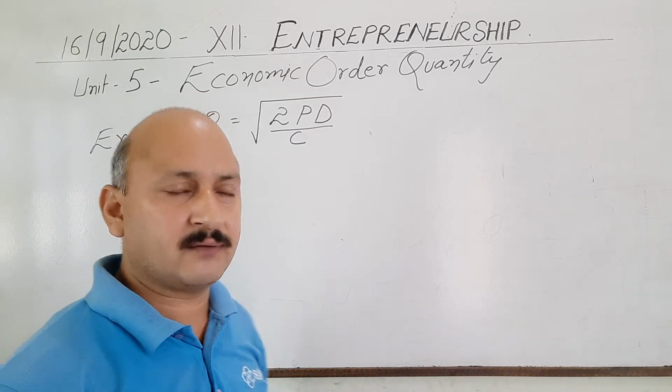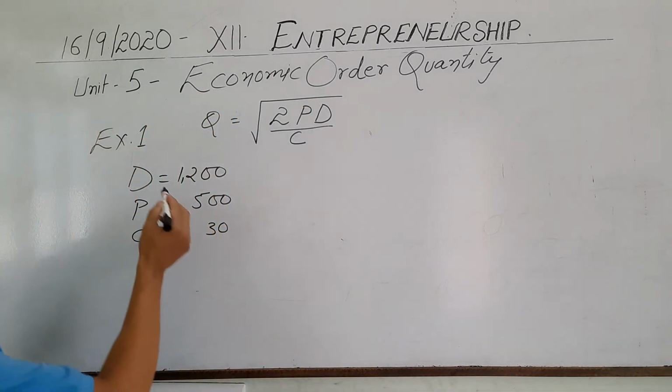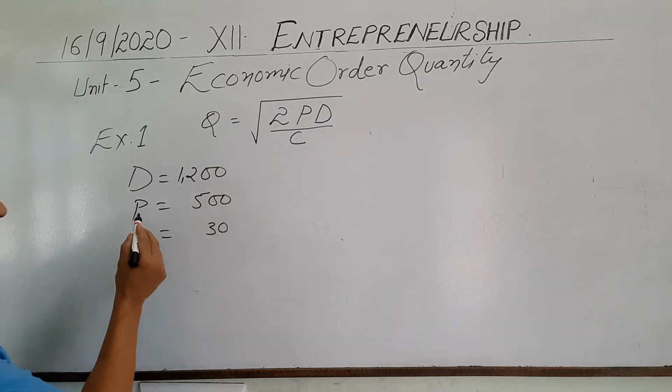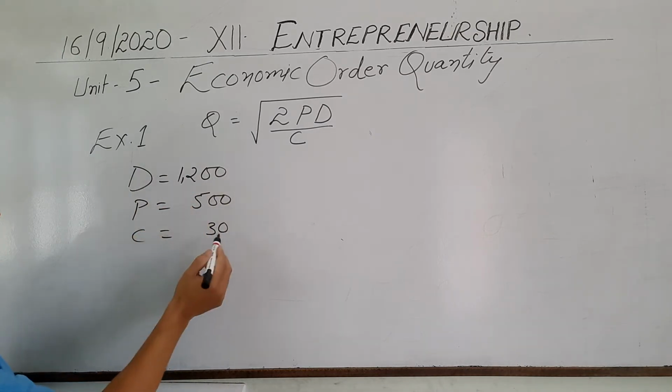So now students, let's start with some examples. Suppose this question is given here. D is given 1200, P is given 500 and C is 30.